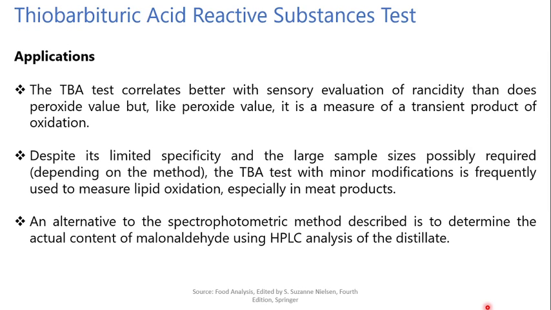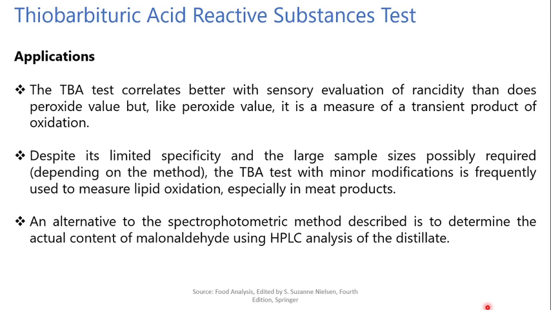So the TBA test correlates better with sensory evaluation of rancidity than does peroxide value, but like peroxide value, it is the measure of a transient product of oxidation. Despite its limited specificity and the large sample sizes possibly required, the TBA test with minor modification is frequently used to measure lipid oxidation, especially in various meat products.